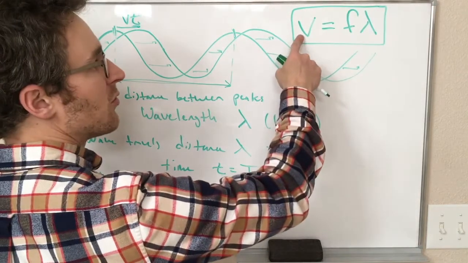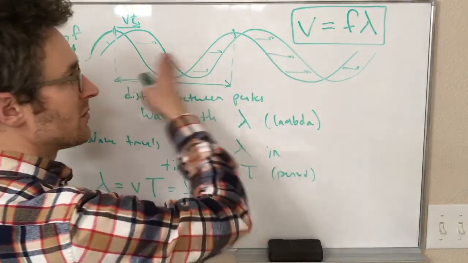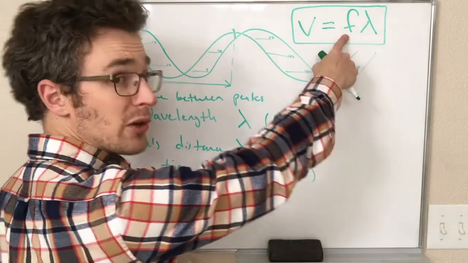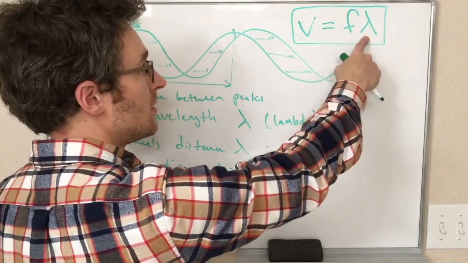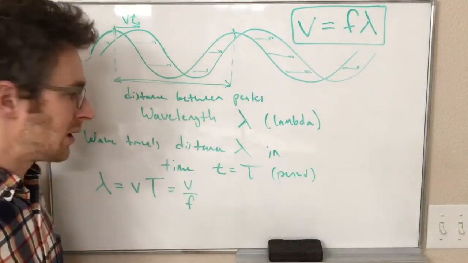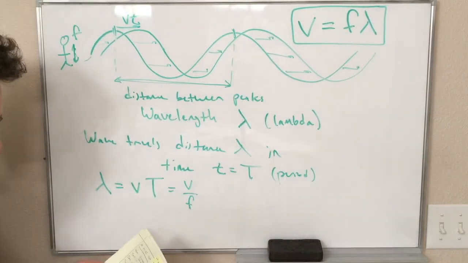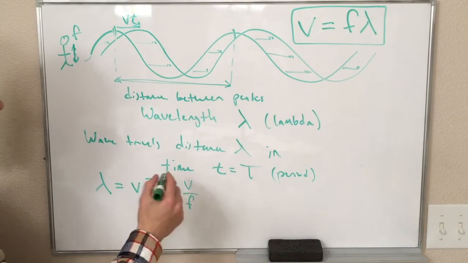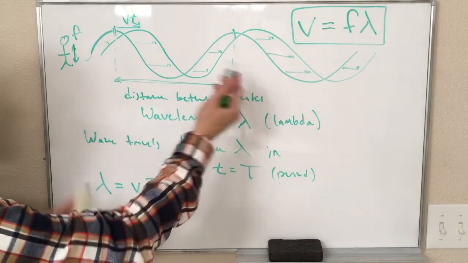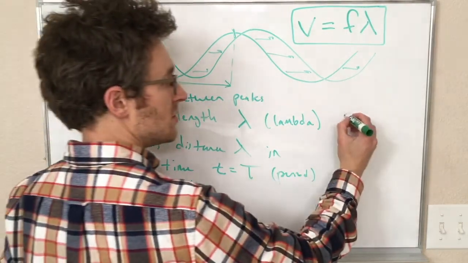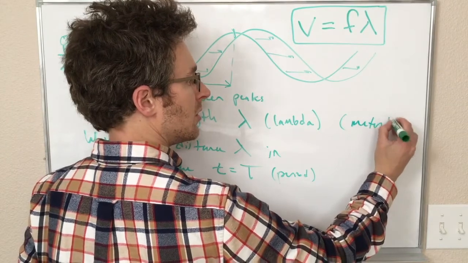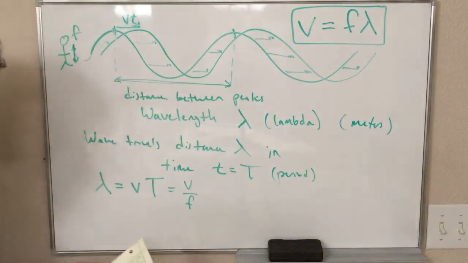The velocity the wave is traveling with is equal to the frequency of oscillation times the wavelength, times the size of the wave. All right, I guess I didn't explicitly say this, but our wavelength is a measurement of distance, so it has units of meters in SI units.